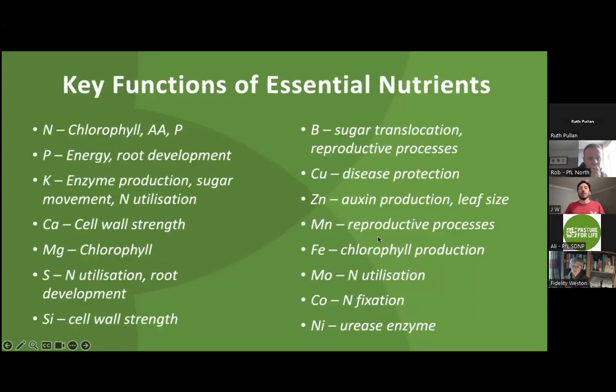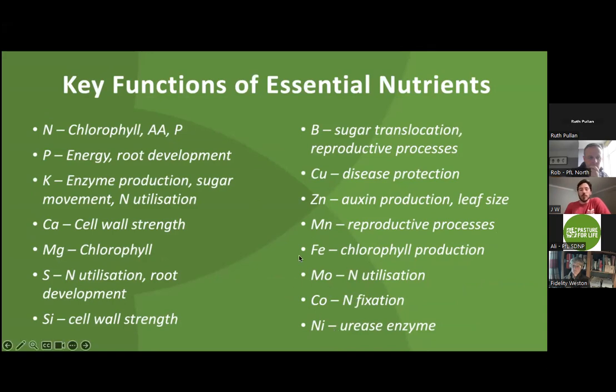Every single essential nutrient in various ways, in one way or another, plays these critically important roles in driving plant growth and development. So that's where we need to optimize both the macronutrient supply as well as the micronutrient supply in order to drive plant growth, so that we have the key nutrients to facilitate this process.